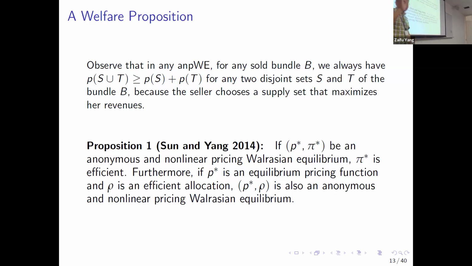So maybe, sorry, let me explain again. Actually, now you want to buy bundle B. You are the buyer, and you want to buy bundle B. But the price of bundle B could be strictly greater than the price of the two separate bundles.